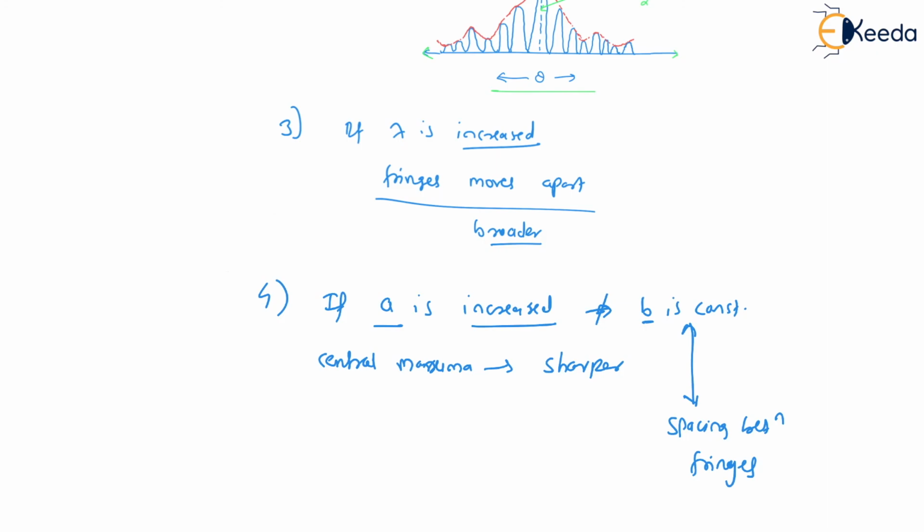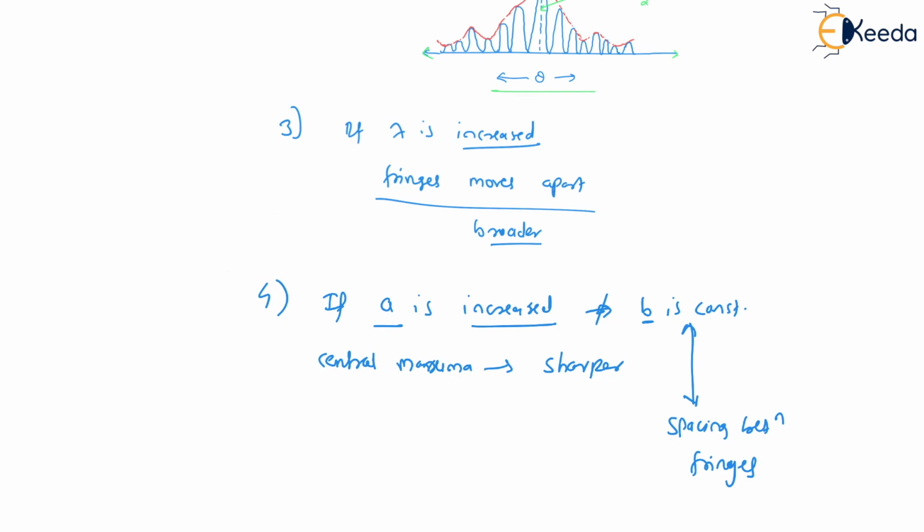So if b is constant, the spacing between the fringes will also be constant. There will not be any change, they remain unaffected. But the number of interference maxima lying within the central diffraction maxima will decrease.